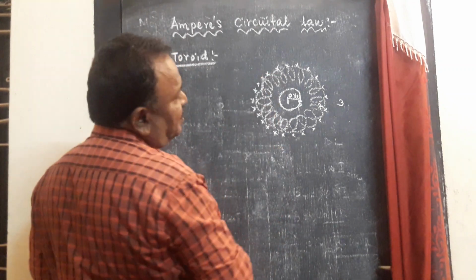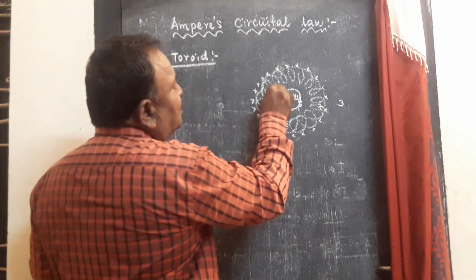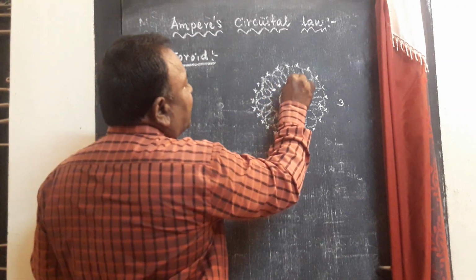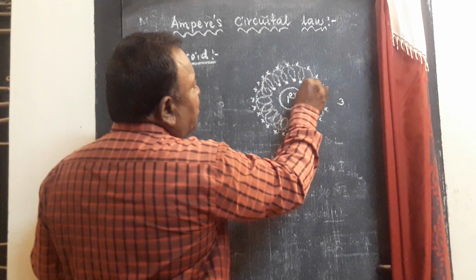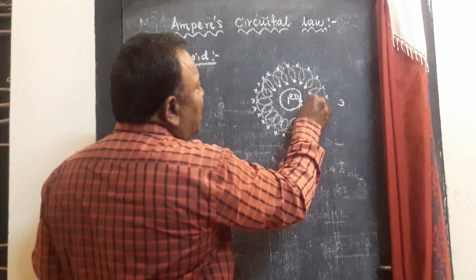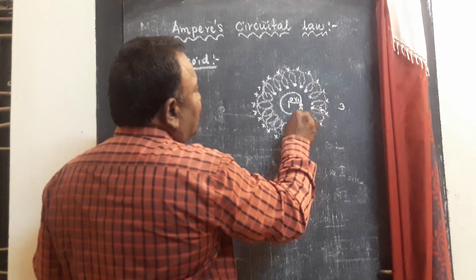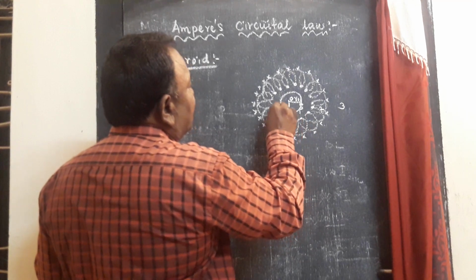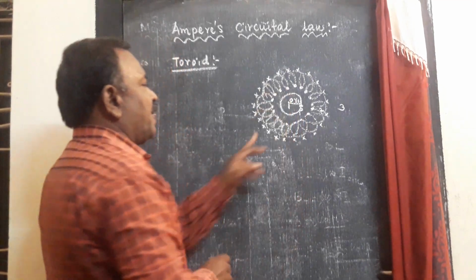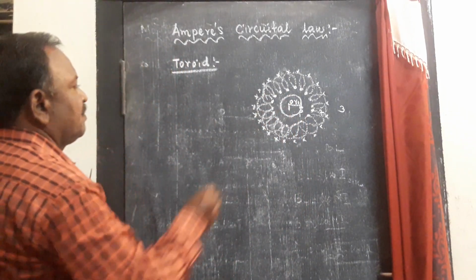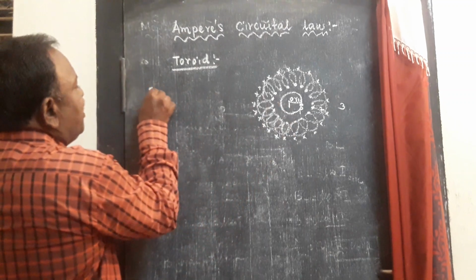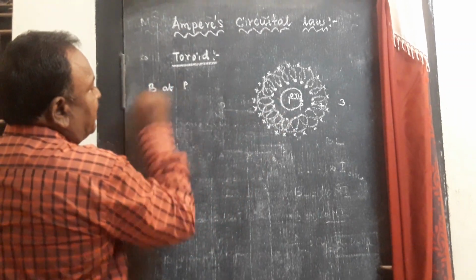This dot represents current flowing perpendicular to the plane of the blackboard inwards. So I am going to apply this for the first region, the magnetic field at P.